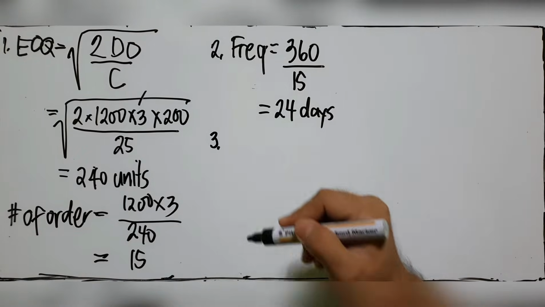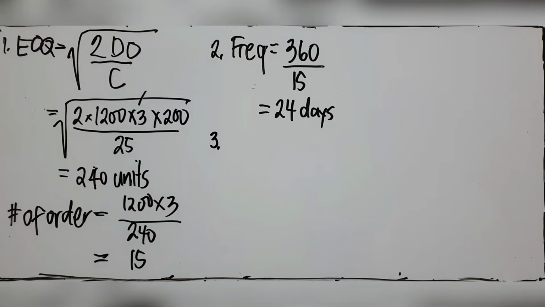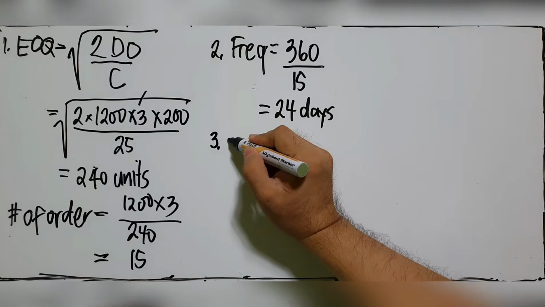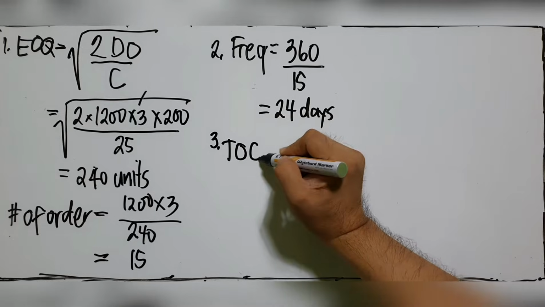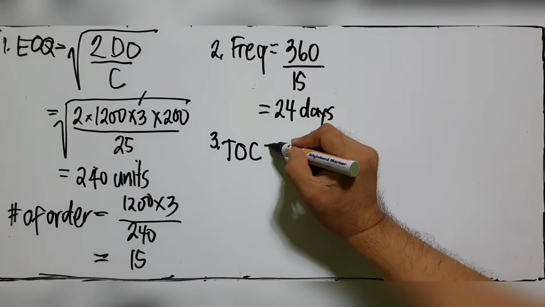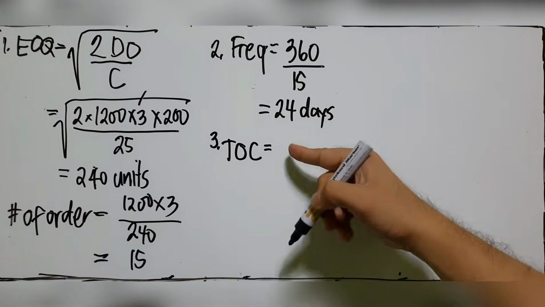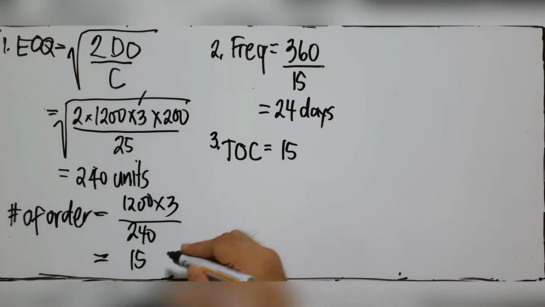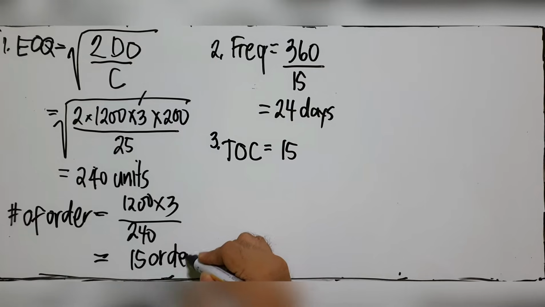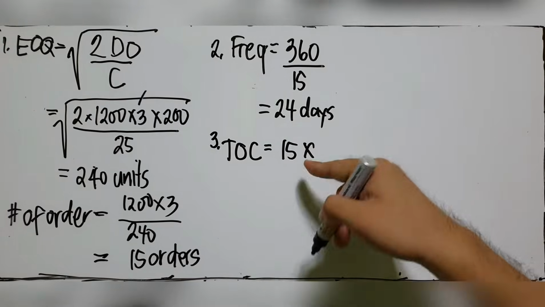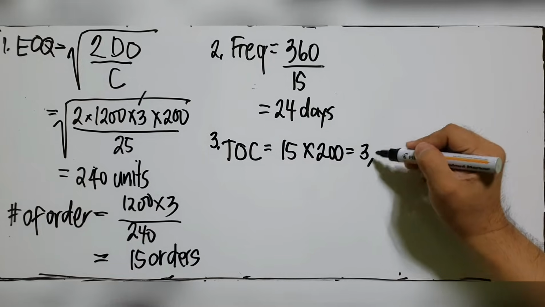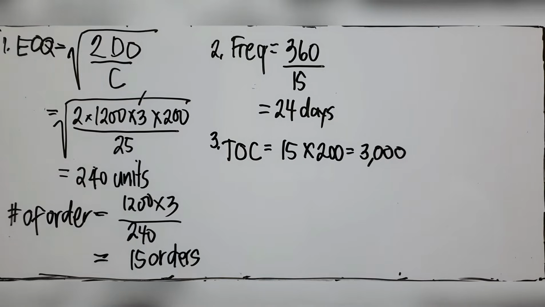Number 3, we are asked for the total inventory cost. So as we have mentioned kanina, the total inventory cost consists of your total ordering cost or TOC. And that would be yung number of orders natin, which is 15 orders, times the cost per order na 200. So the answer is 3,000 pesos.